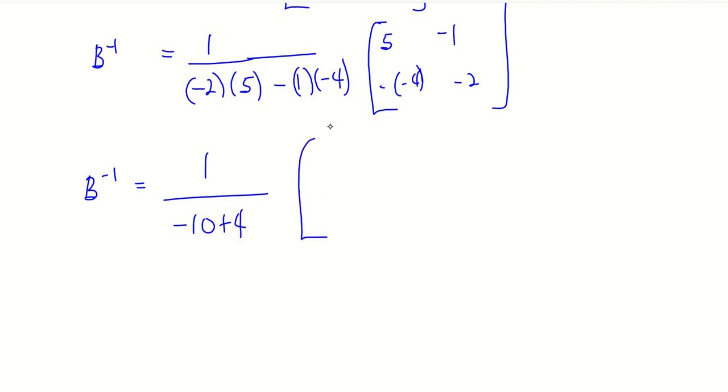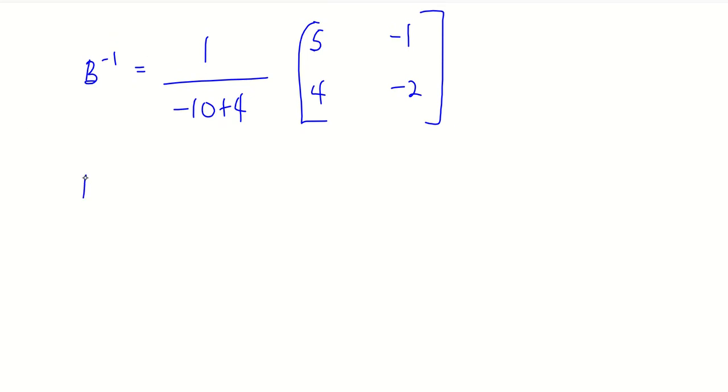Now we bring our adjoint, that is 5, minus 1, so minus 4 is 4, and we have minus 2. At this point we can simplify by writing B inverse equal to minus 10 plus 4 is minus 6, so we have minus 1 out of 6 multiplied by 5, minus 1, 4, minus 2.